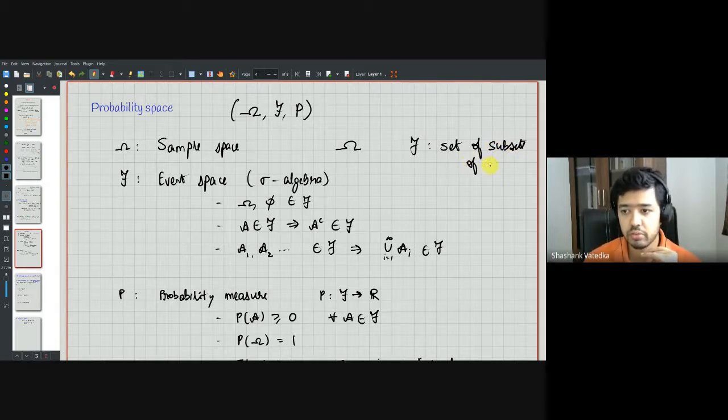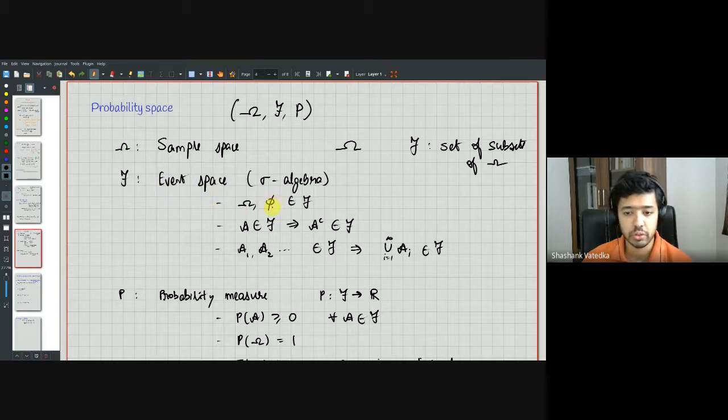In some sense, omega captures what the most elementary or atomic events are, and F consists of all those events which you're actually interested in. And the event space should be what is called a sigma algebra. It should satisfy the following three properties. The empty set and the sample space should be in the event space.